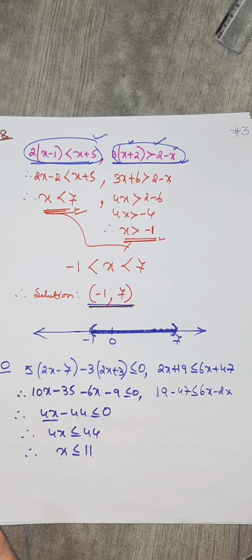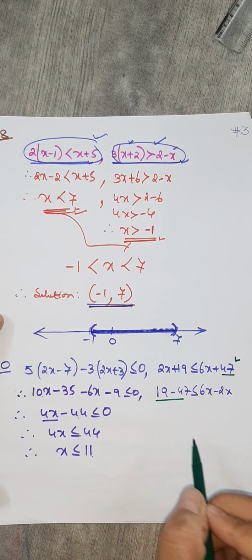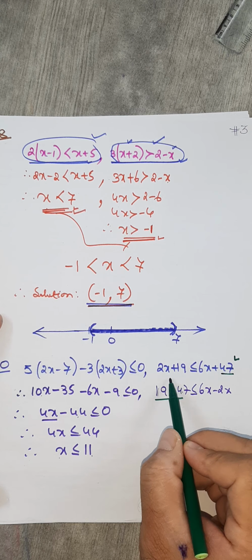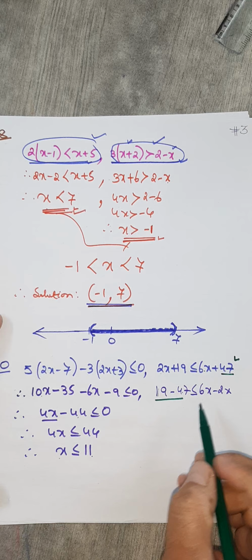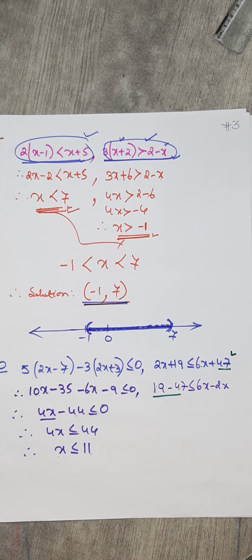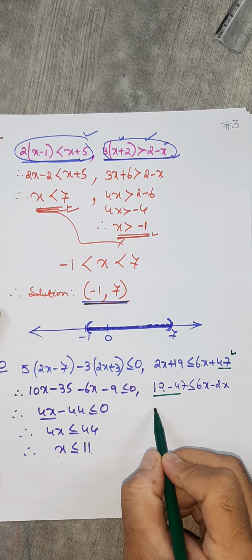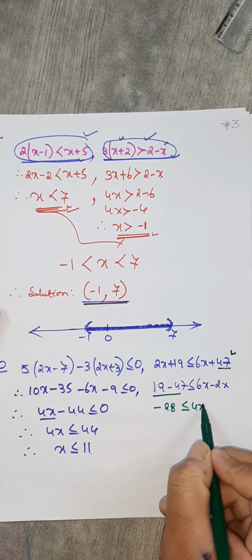What I did, I've interchanged 47 and 2x: 47 on the left hand side, so here minus 47, and 2x on the other side. So 6x minus 2x. Fine. Now this is minus 28 is less than or equal to 4x.